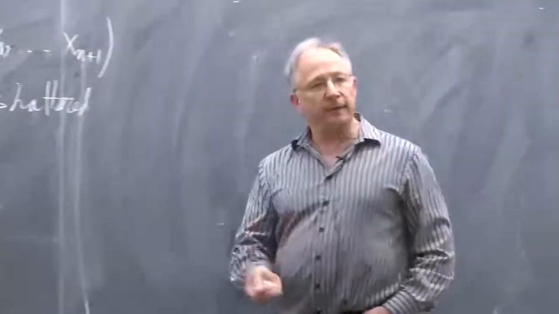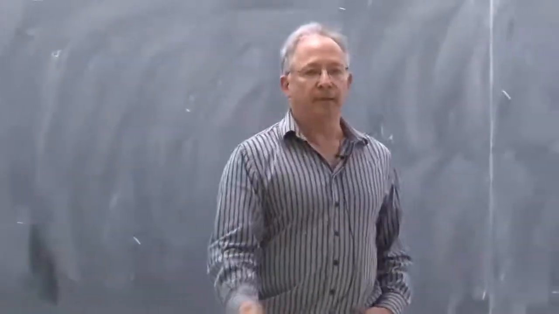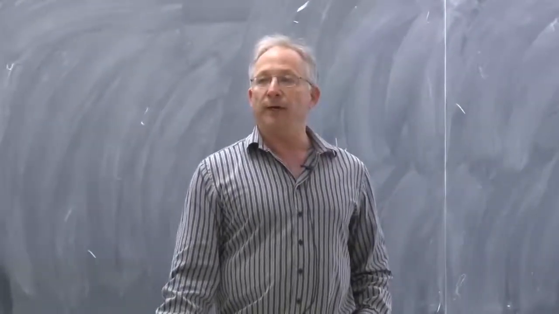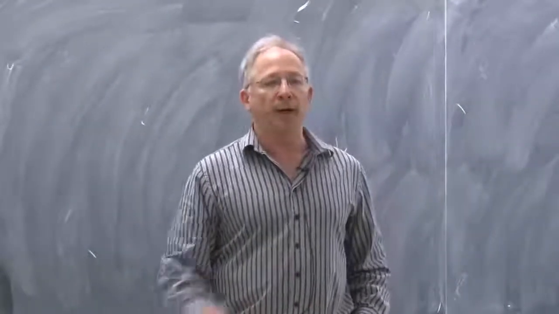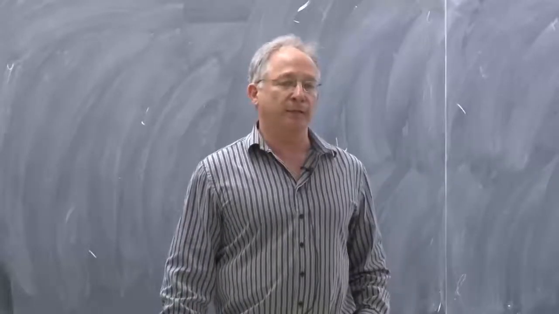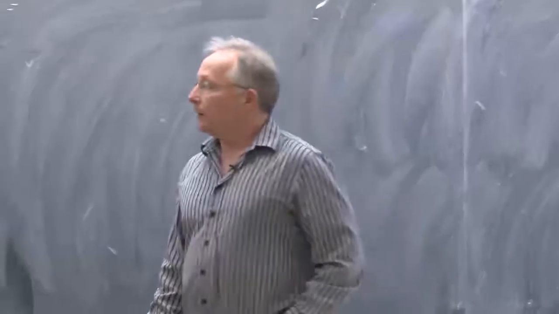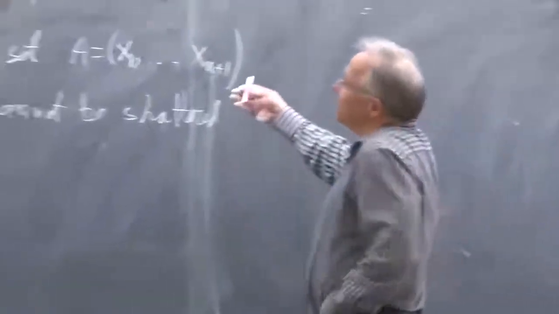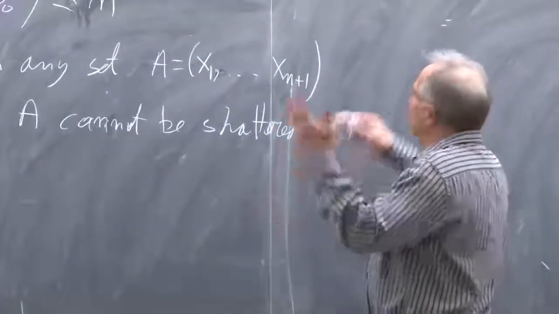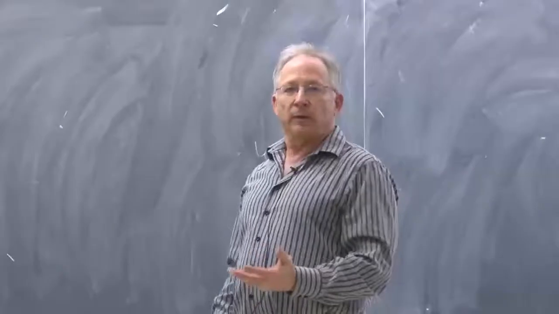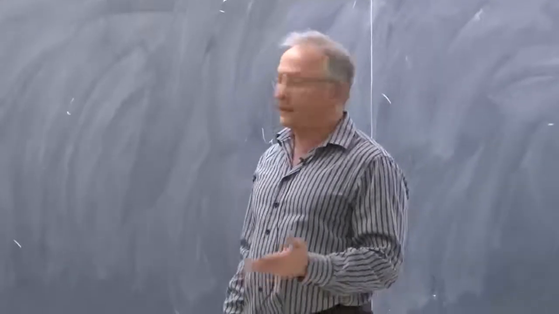So for the positive, I have to just give you one set. I'll pick my easiest one to shatter. For the negative, I have to show you that no matter how hard you try, you will never find a set of size n plus 1 that's shattered. And again, we're in high dimension, I can't draw pictures, I can't even imagine how it looks. My only tool is algebra.